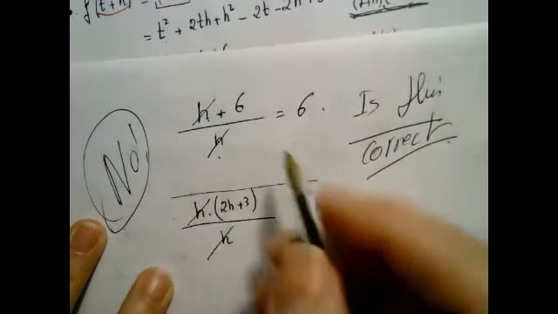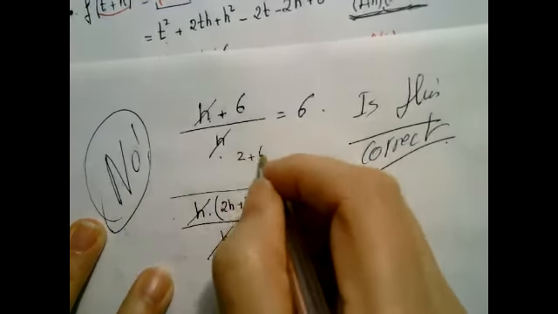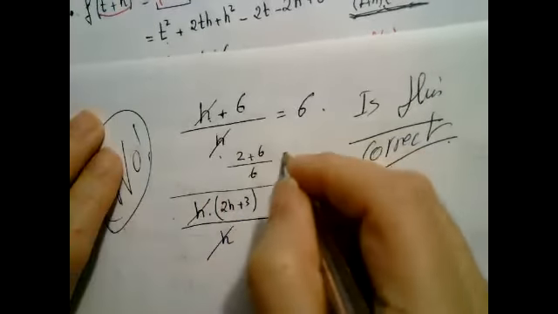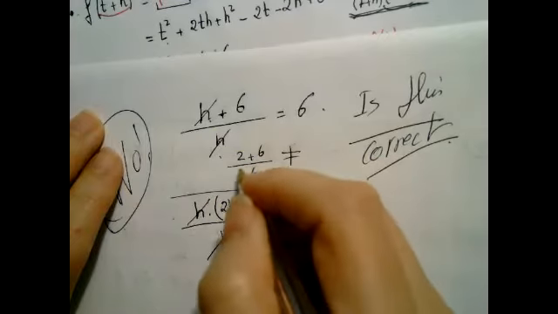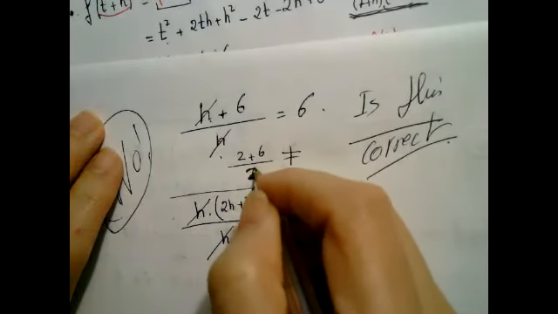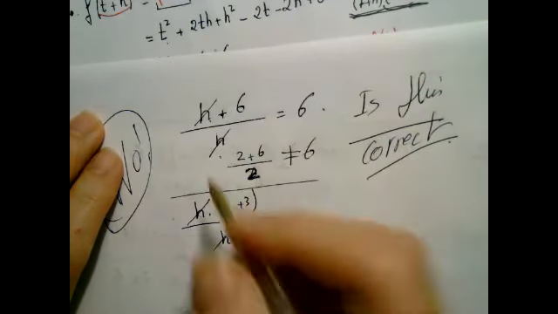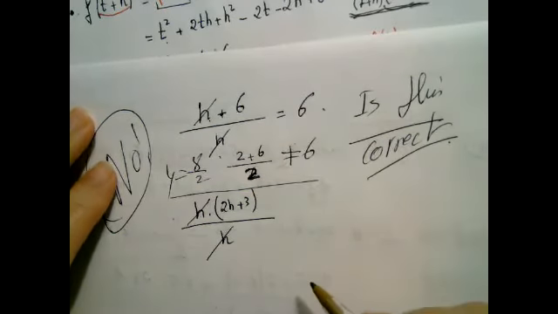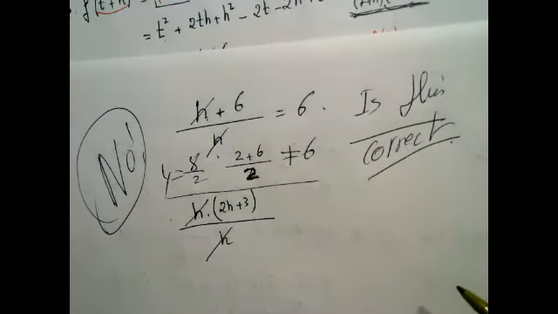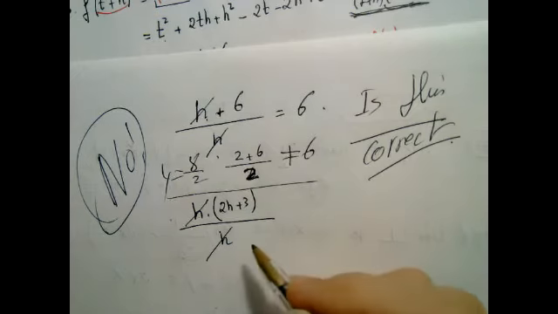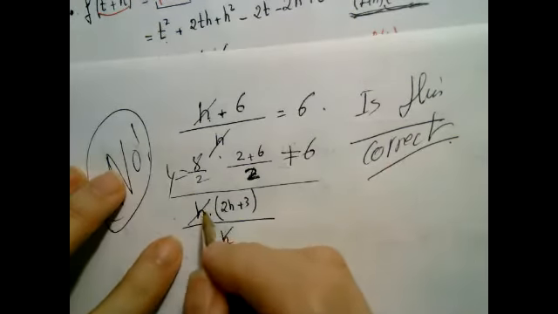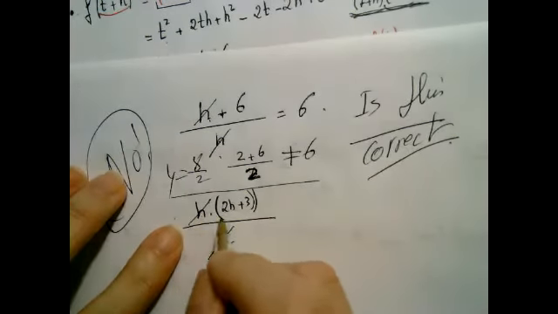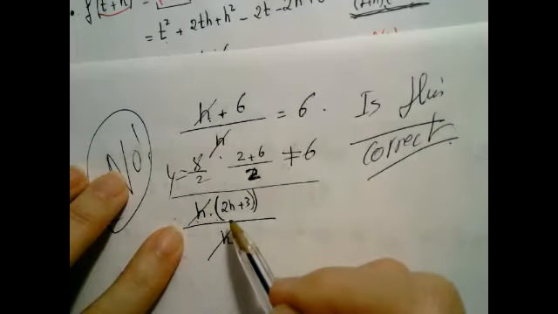I mean, just take an example. If I give you 2 plus 2 over 2, this is definitely not 2. That's 4 over 2, that's a 2. So the only way I can simplify is if h is part of the product, not part of the sum.